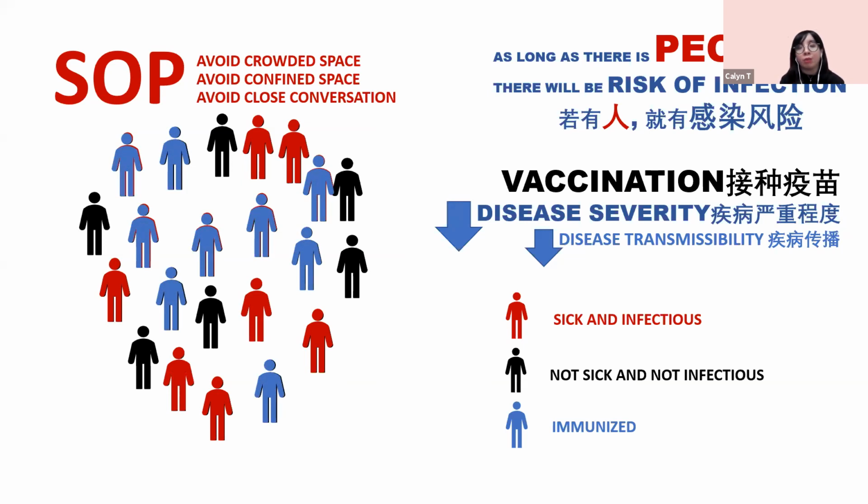And therefore, that will generally reduce the disease transmissibility. This is what we call herd immunity, which means that you need a certain number of people to be immunized so that they don't get sick so easily. And in turn, it will help the transmission to reduce, and you will have more and more people who are not sick and not infectious at that point in time.